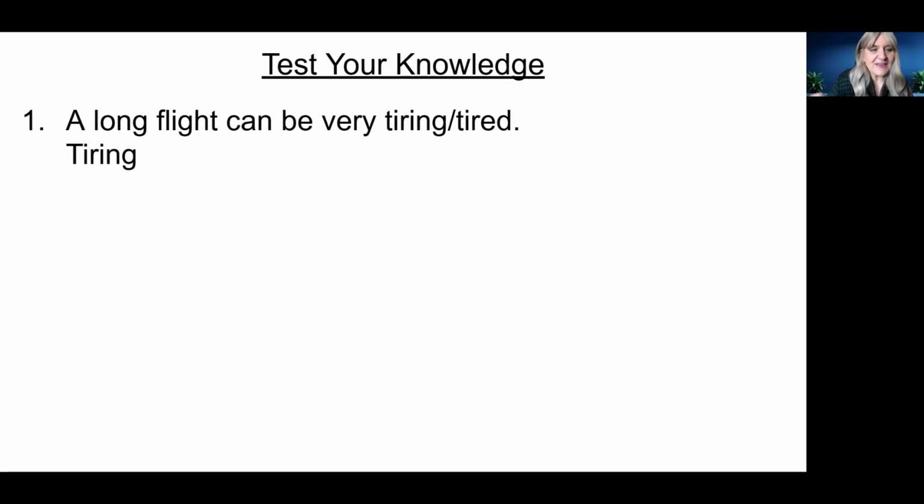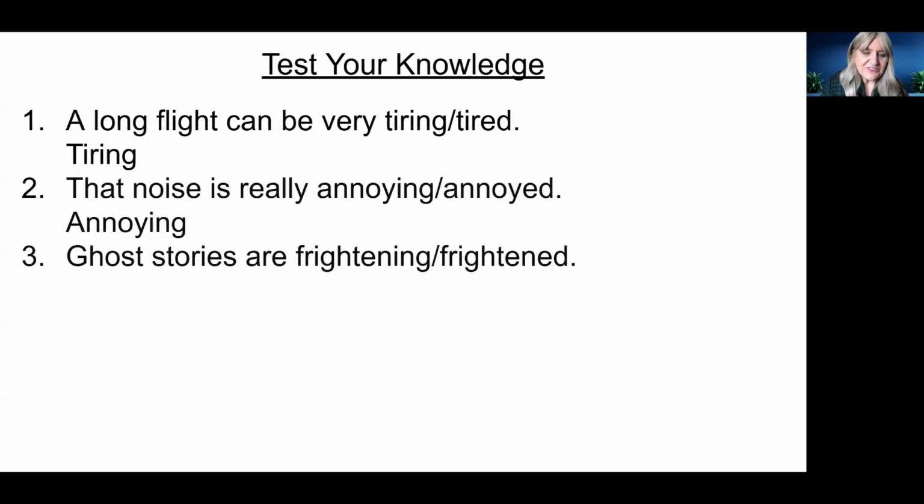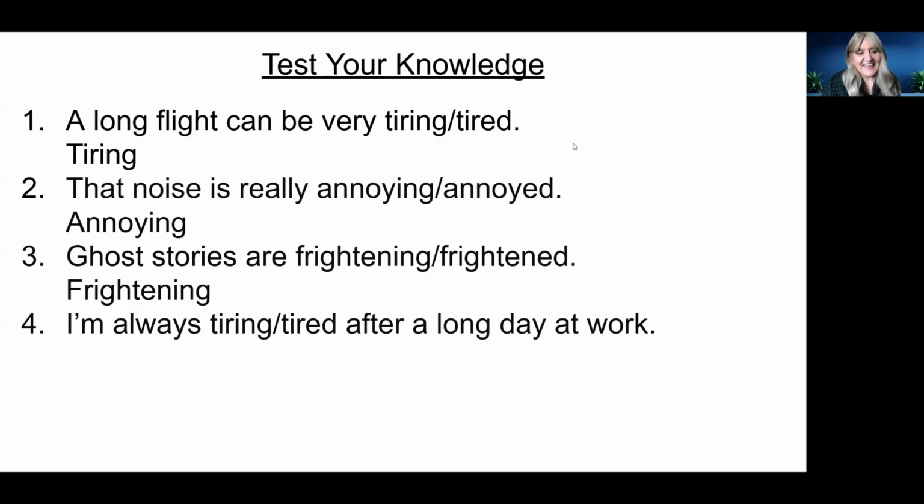Now we're talking about a situation or an experience, a long flight, so it's tiring. That noise is really annoying or annoyed. That noise, that situation, is annoying. Ghost stories are frightening or frightened. Ghost stories are frightening.